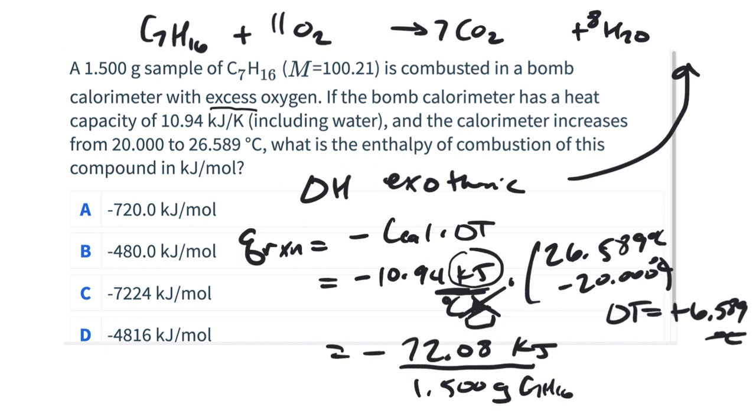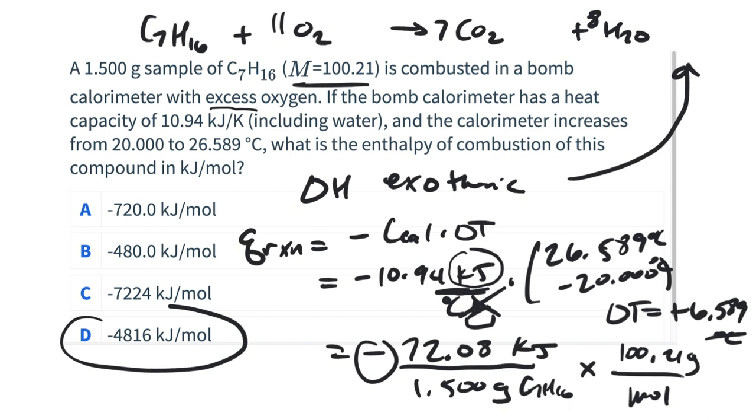We could have converted that to moles and divided by moles here, or we can convert to moles through dimensional analysis, so we have 100.21 grams per mole. Again, we keep our minus sign, so still exothermic. I get minus 4815, or call it 4816 kJ per mole.